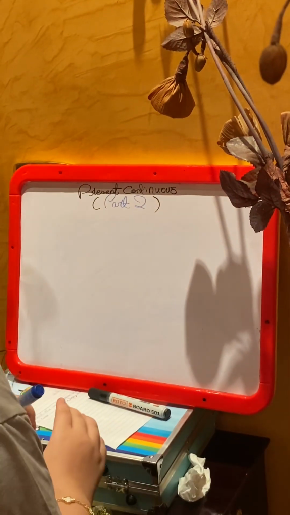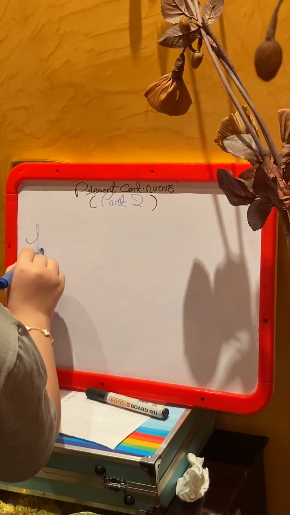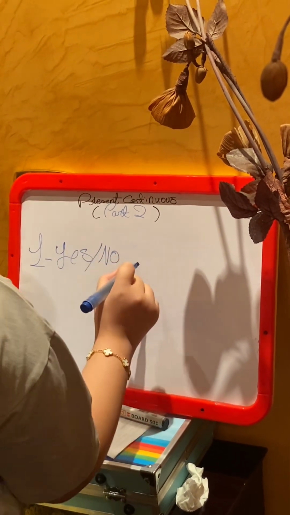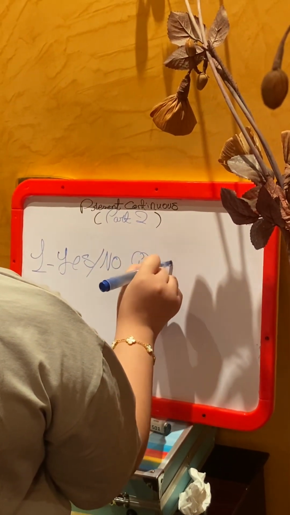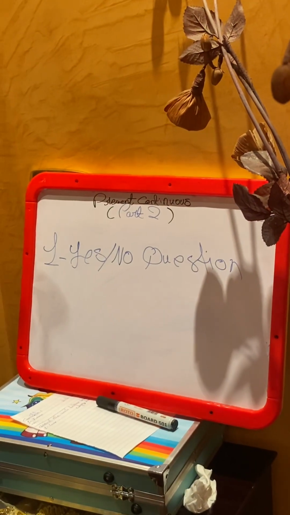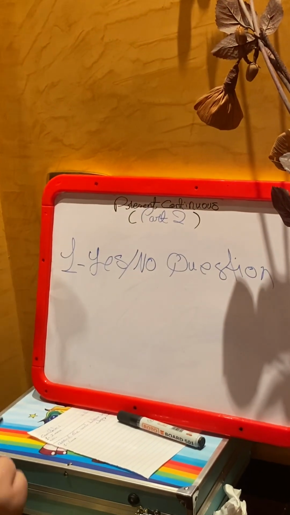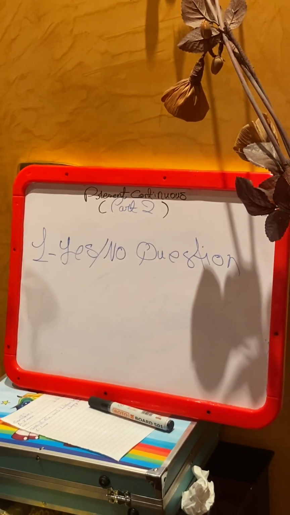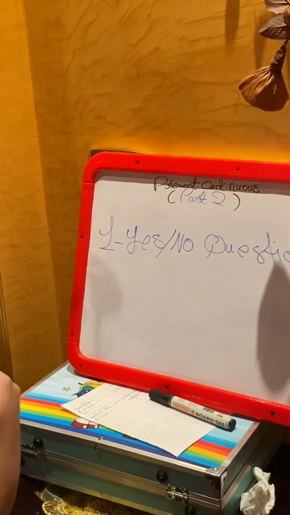As I said, we will start by explaining the yes or no question. Let's see how we can form this type of question. At first, you may not know the meaning of yes or no questions, so I will explain it.